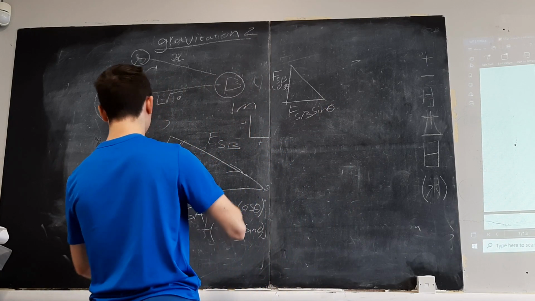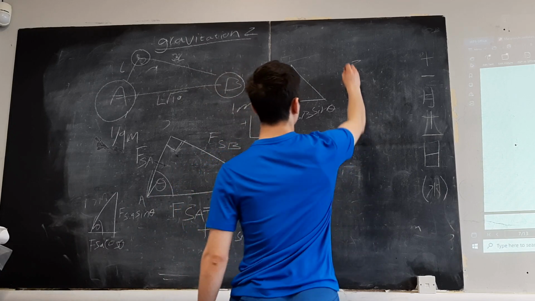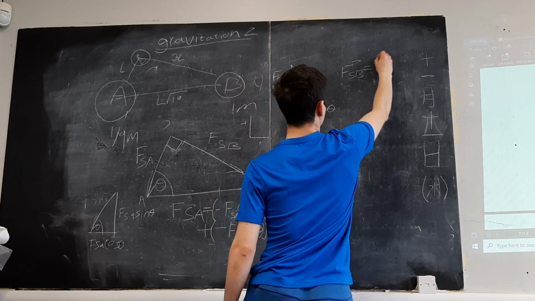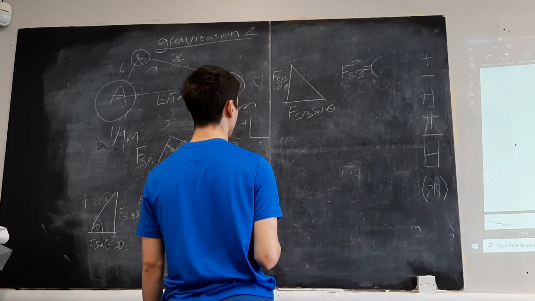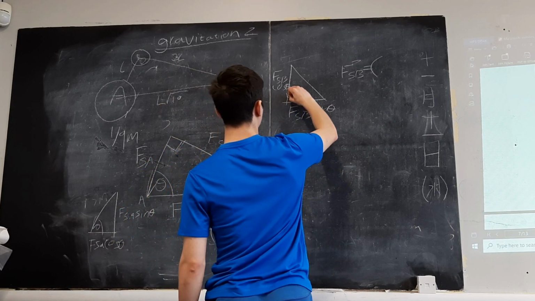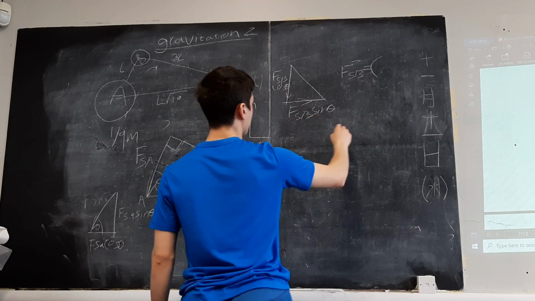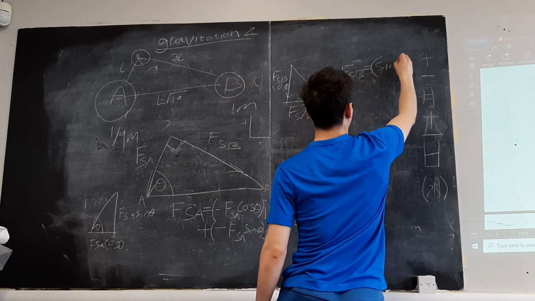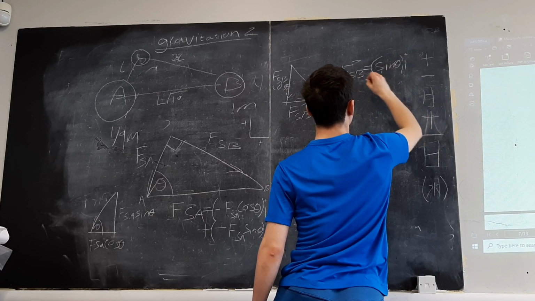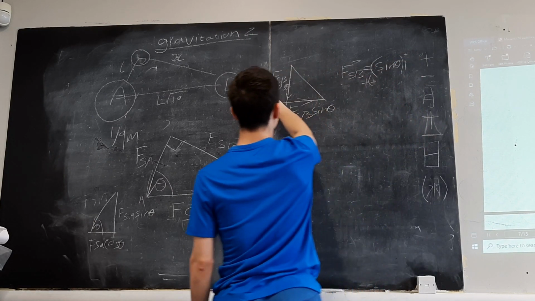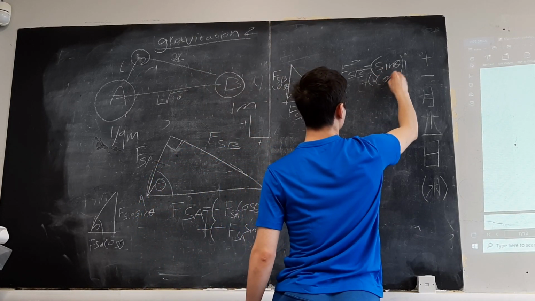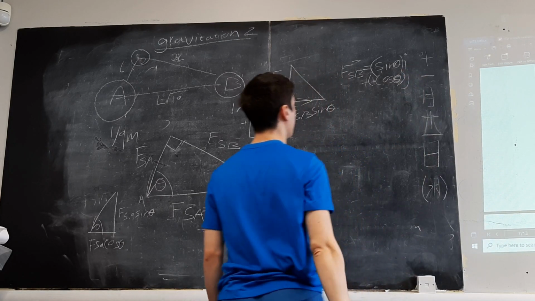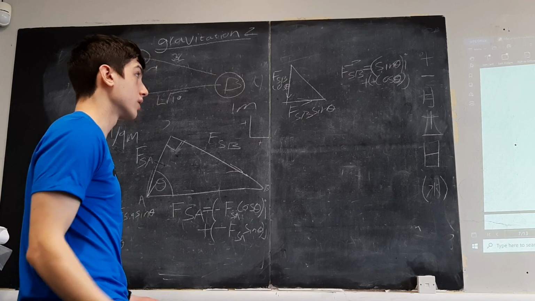So they are switched slightly, and F S B equals... So this is still going down, but this is positive. So it's going to be positive sine theta i plus negative cos theta j. Understood?